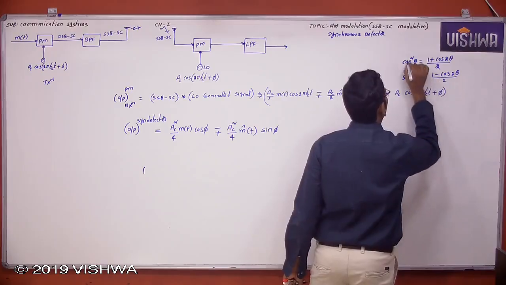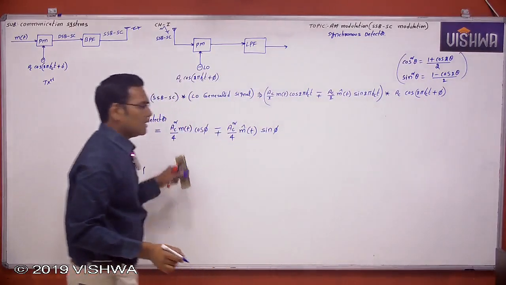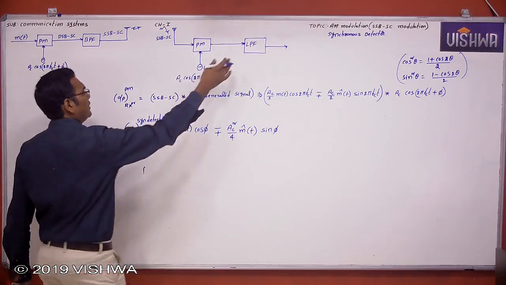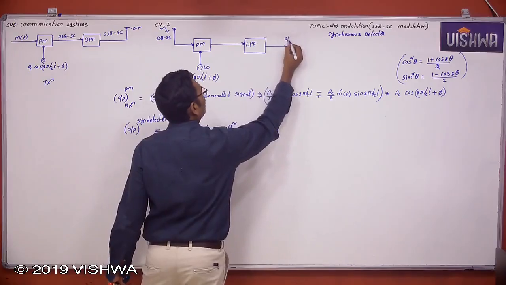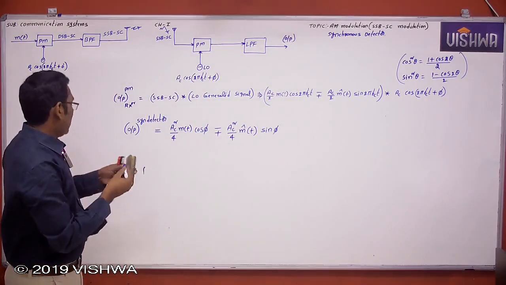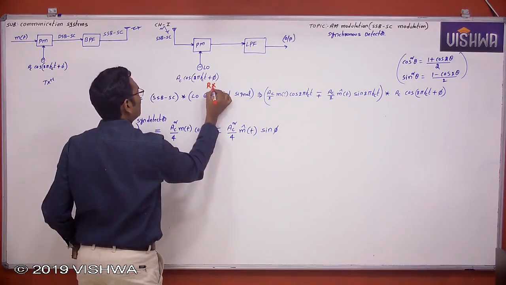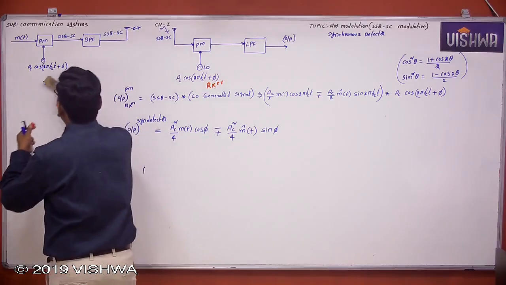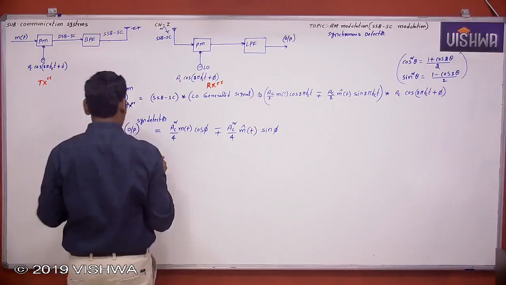If you replace these two formulas in this expansion, you can get this answer. After passing through the low pass filter, this is the output of the low pass filter, or the output of the demodulator. Now this is the transmitter portion, and this is the receiver section.